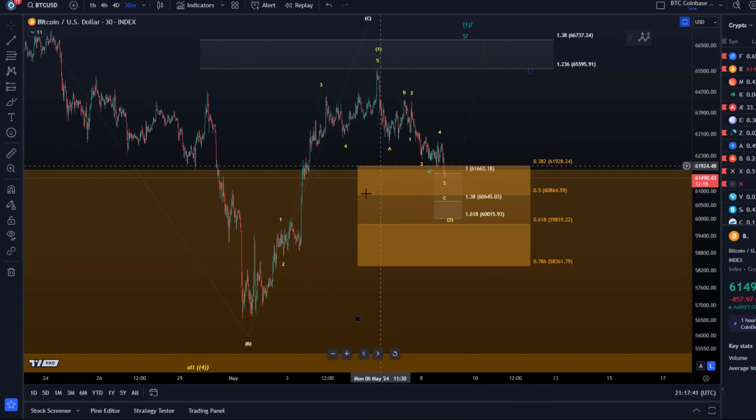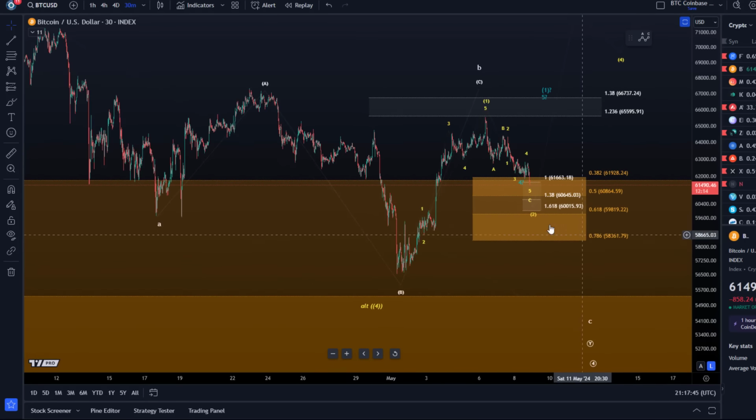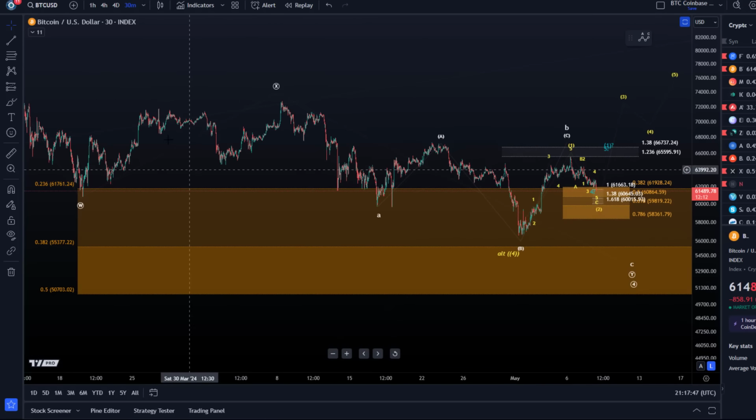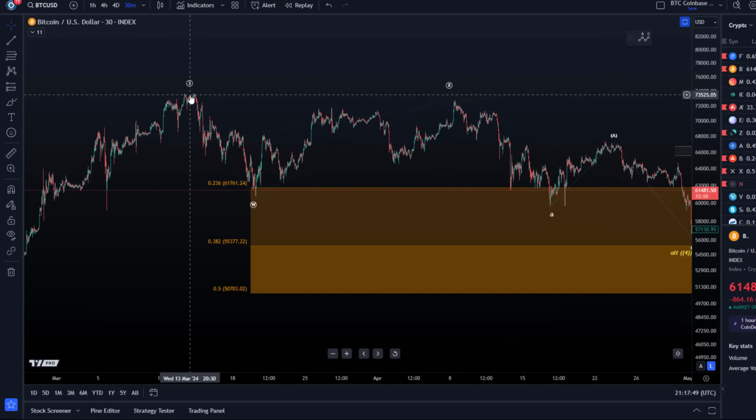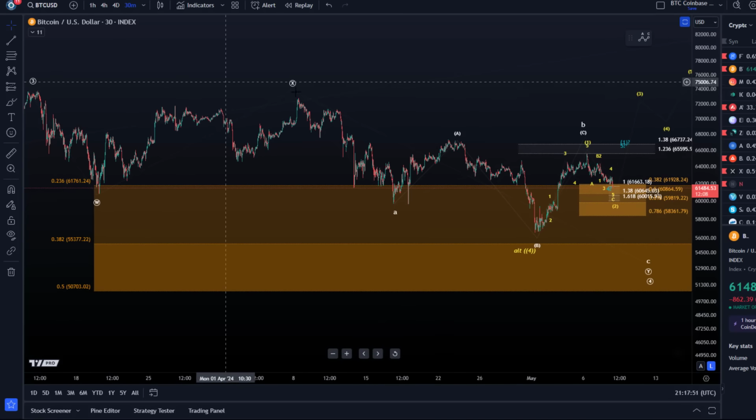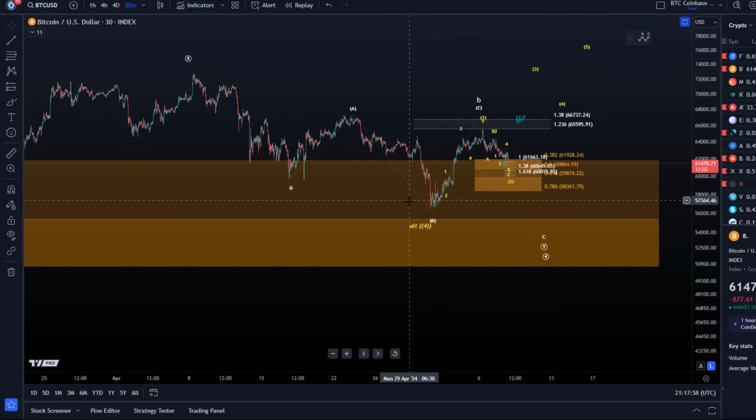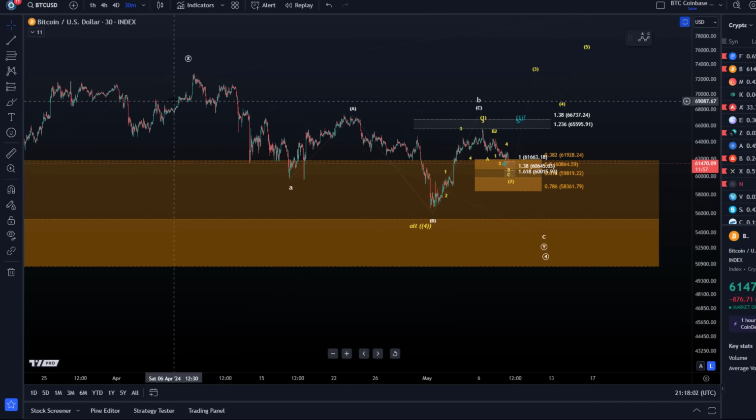So this is the moment of truth that we've been waiting for in the last few days, because remember, this entire correction, which started around the 13th of March, is still ongoing, or it might be complete already. It might have completed on the 1st of May. But then we said that as confirmation that this entire correction is over, we need a 5-wave move up and a 3-wave pullback.